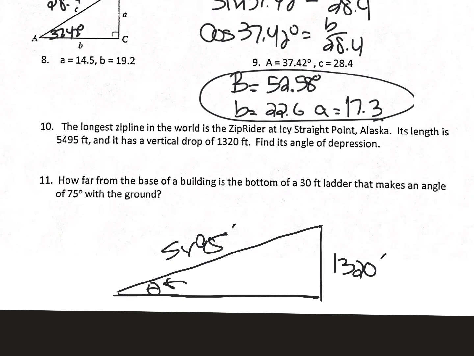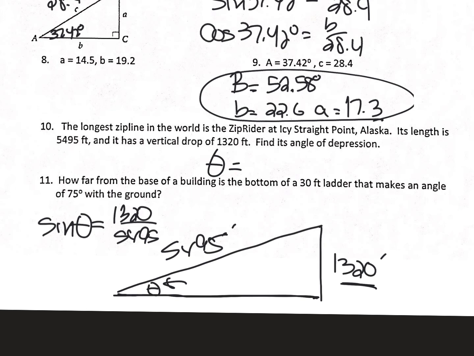So to find it, look what I have. There's the opposite side. There's the hypotenuse. Opposite hypotenuse is sine. So sine theta is 1320 over 54.95. Now I'm looking for an angle. If you're looking for an angle, it's second or inverse sine of 1320 divided by 54.95. I'm sorry, guys, my crazy calculator.